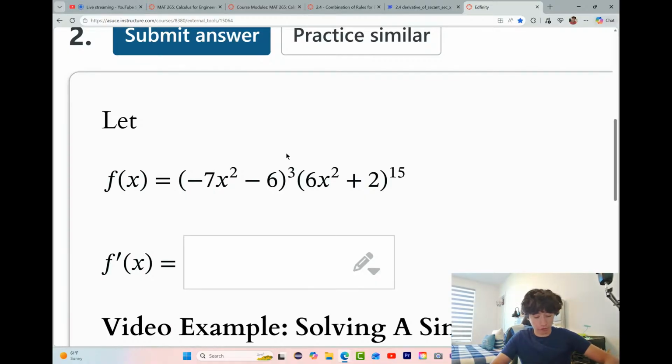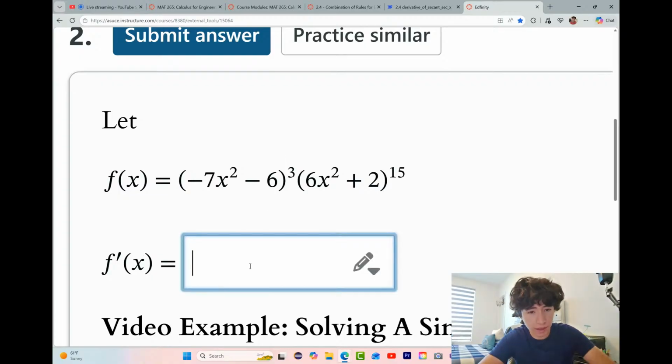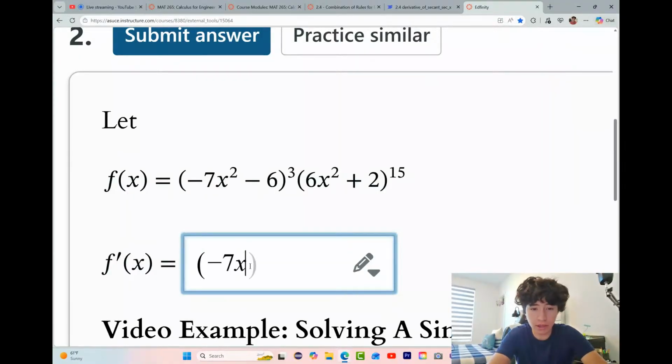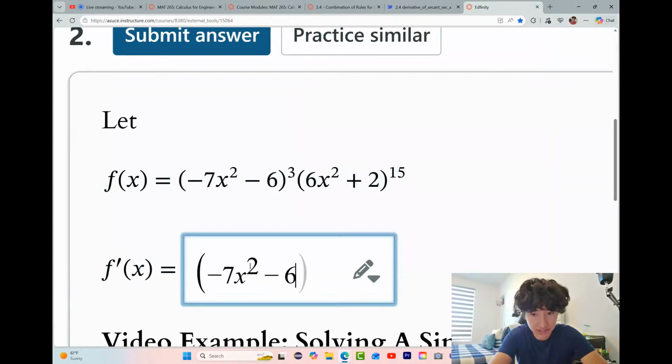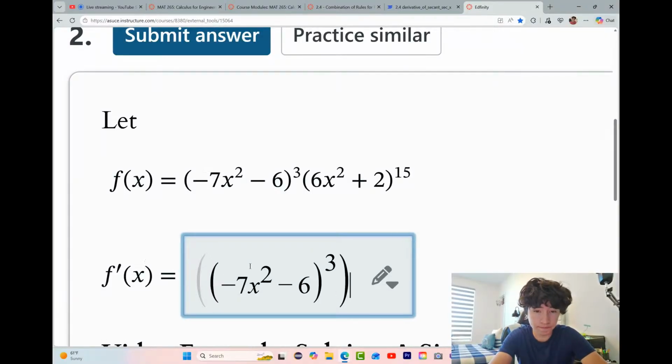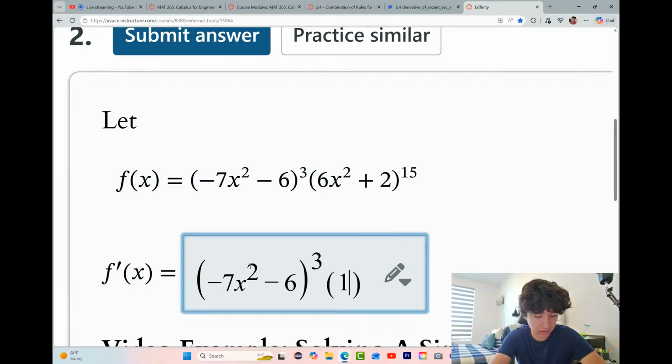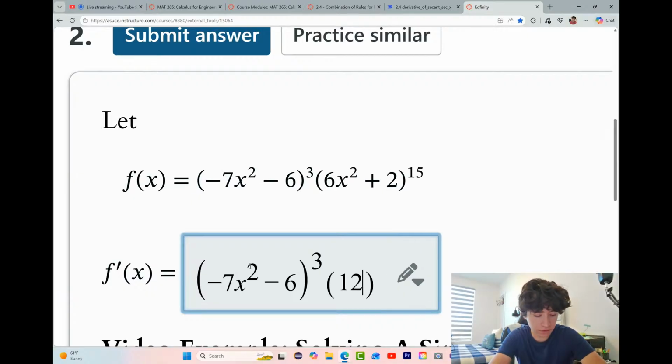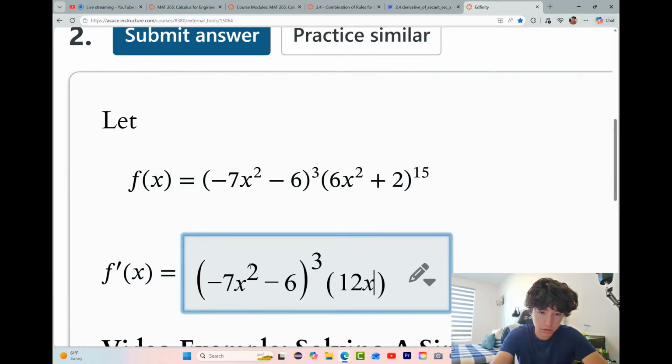Oh, and now we have to do the product rule. So I'll just type it in here. We have, ladies and gentlemen, f of x. So we have negative 7x to the power of 2 minus 6 to the power of 3 times g prime of x. That's going to be 12. We don't have a negative, so 12x times, okay, we can simplify that.